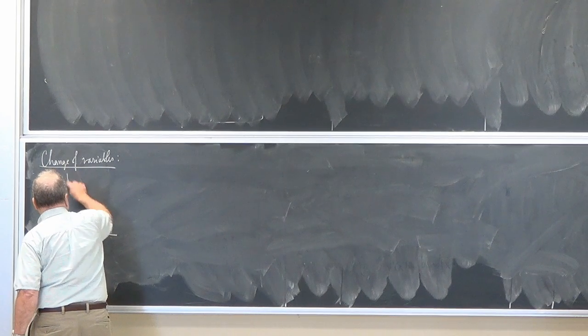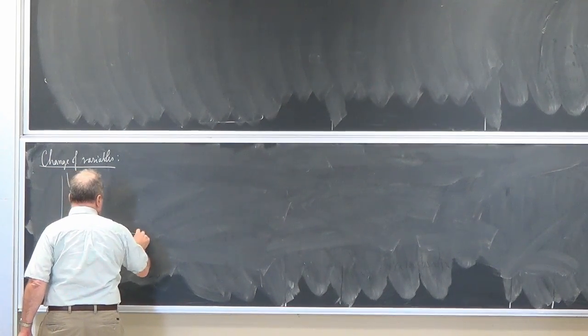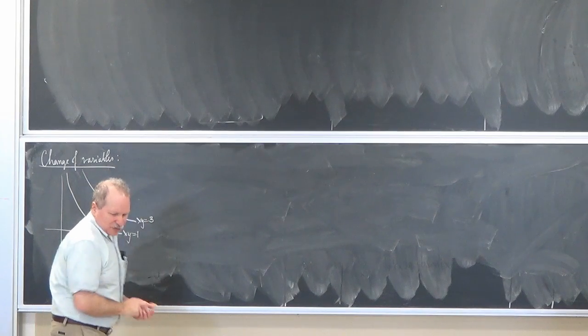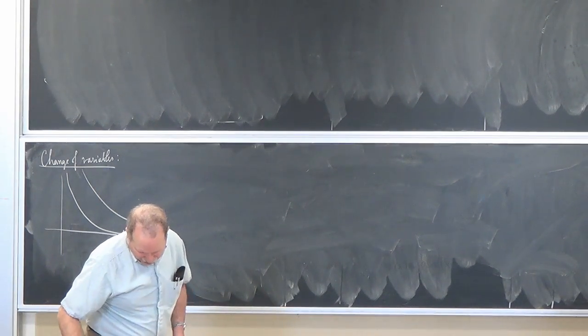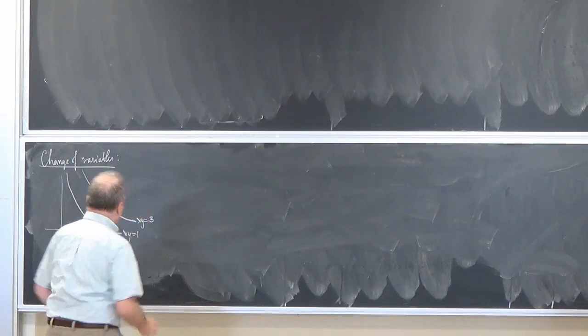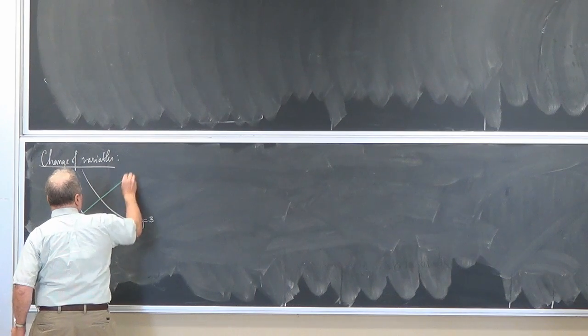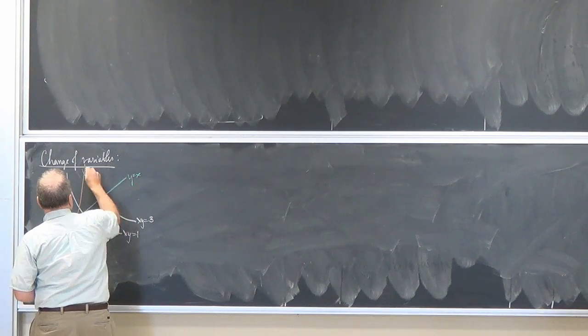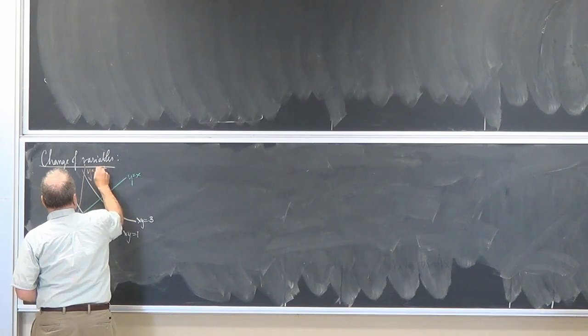So we had xy equals 1, xy equals 3. We had two hyperbolas. We then had, to make life interesting, a straight line and a parabola, y equals 2x squared.